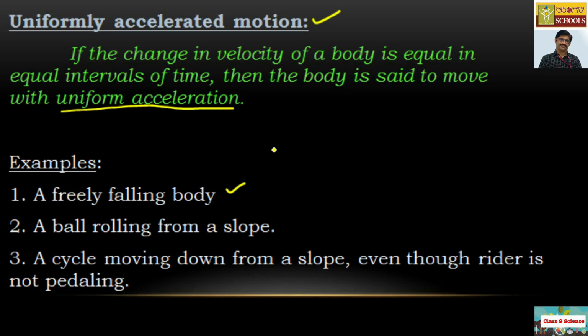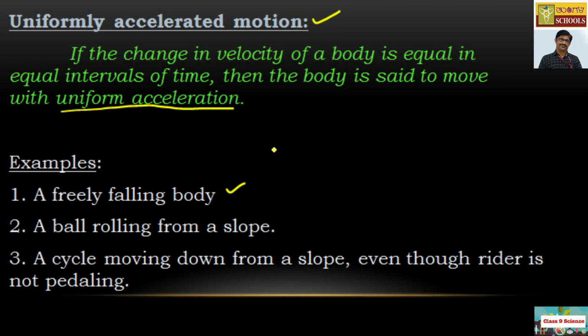That will be discussed in the later chapters. So as far as an example for uniformly accelerated motion is concerned, a freely falling body, an object which is falling from a certain height to the earth's surface, is taken as uniformly accelerated motion.